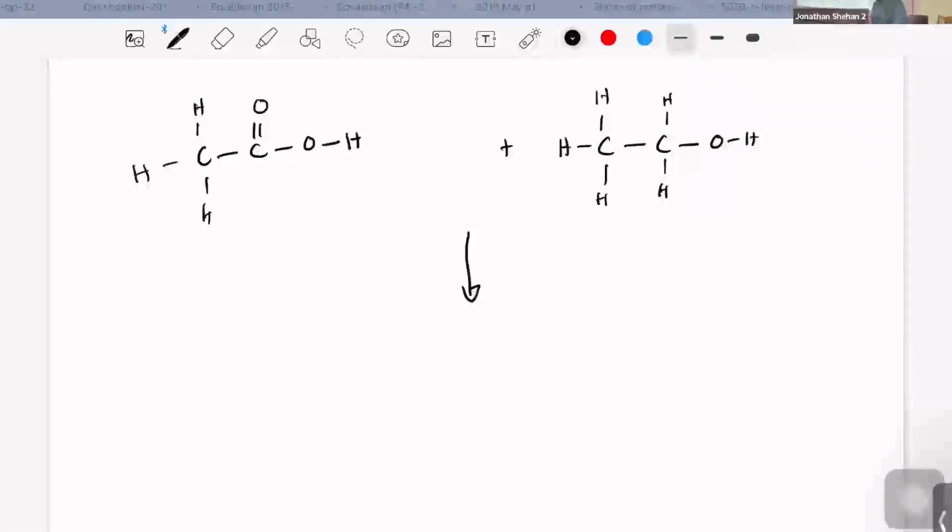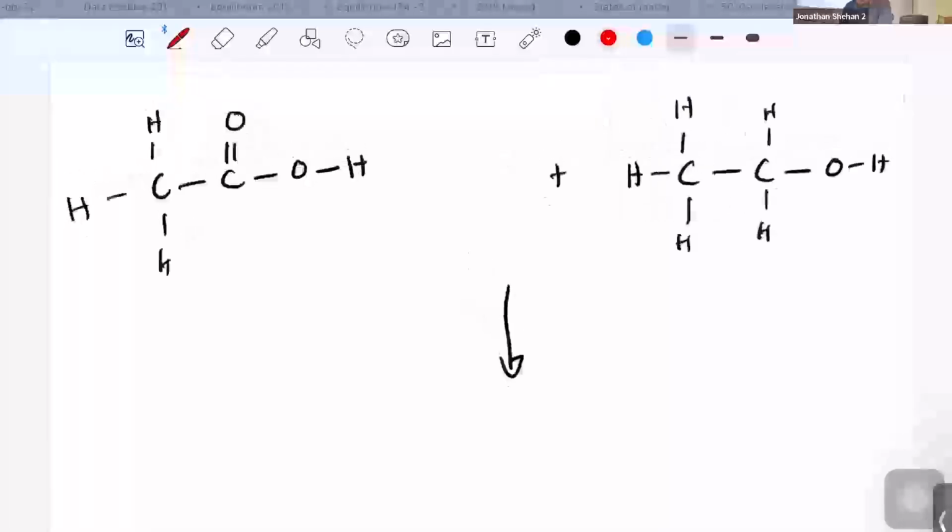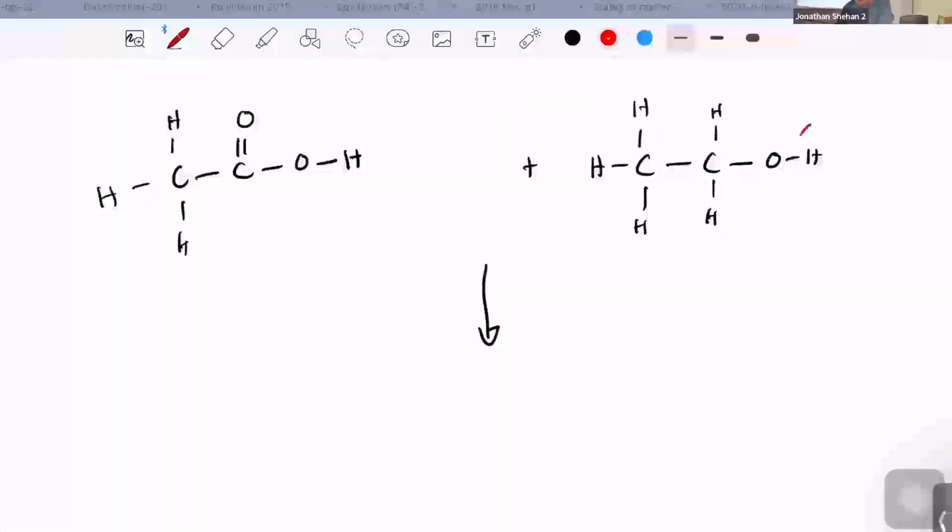Now when we combine the carboxylic acid and alcohol, you must do like this, guys. You must remove the H from the alcohol and OH from the carboxylic acid. Now quickly draw this up to this point. Then I will show how to draw this product.